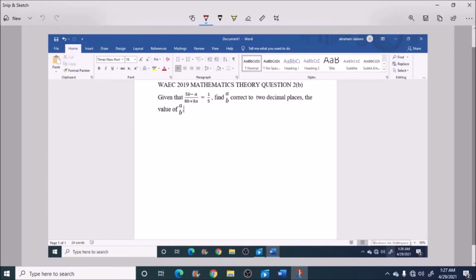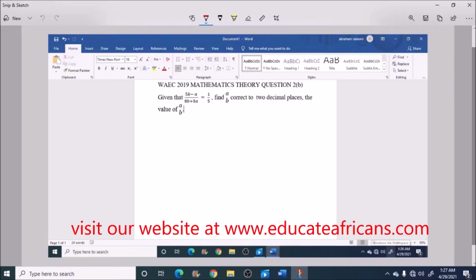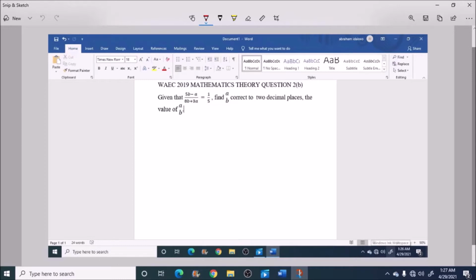Okay, now the way to go about this problem is to divide the numerator and the denominator by b. So let's begin the solving.